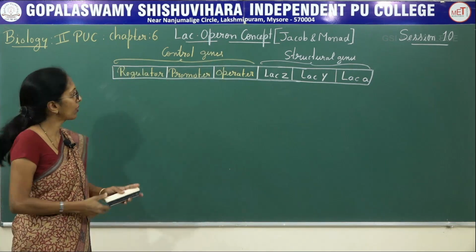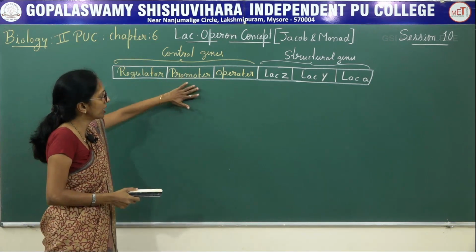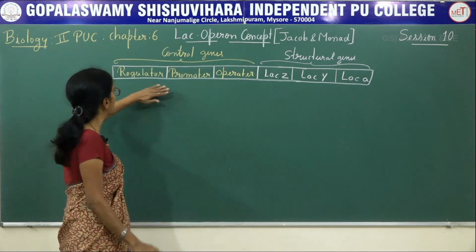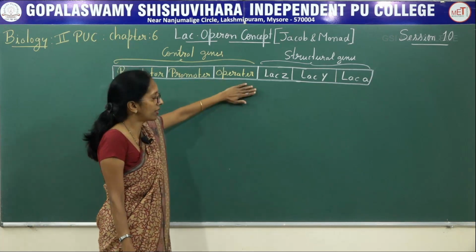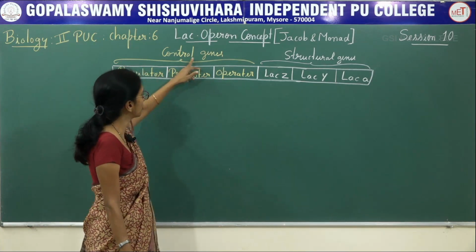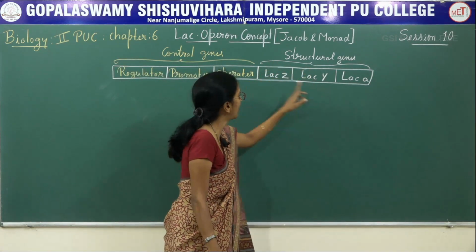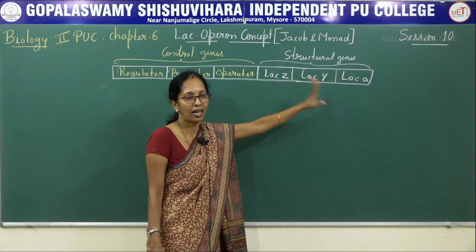So, lac operon consists of two types of genes, control genes and structural genes. Control genes, there are three types: regulator, promoter, operator. Together they are said to be control genes. And the structural genes, there are three types: lac Z, lac Y and lac A.